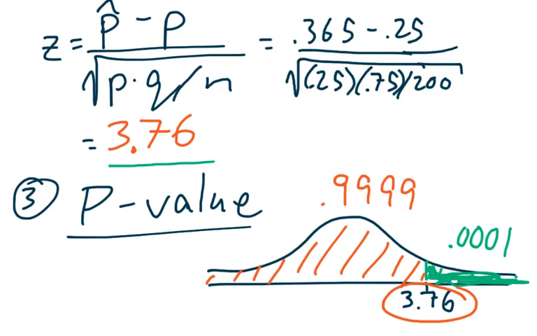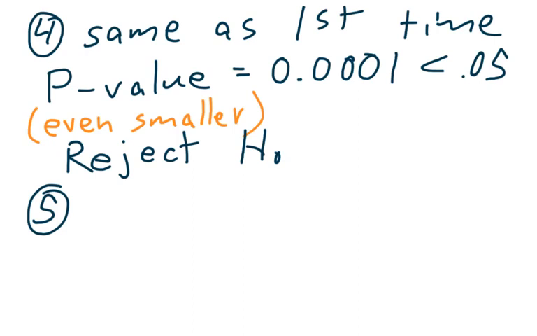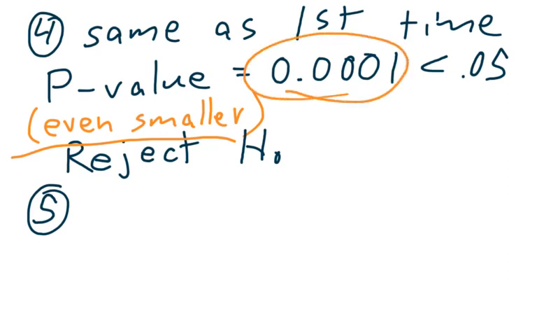All right. Okay, so what do we see here? In step 4, where we make the decision to either reject or not reject H subscript 0, we get the same result as the first time, because here our p-value is even smaller, right? And so obviously if we have an even smaller p-value, then that's still going to be lower than whatever our alpha was.